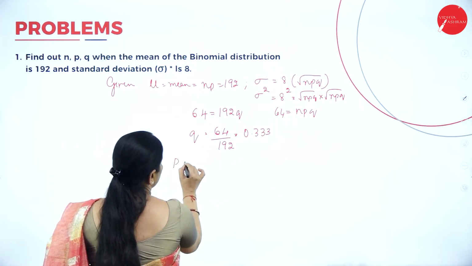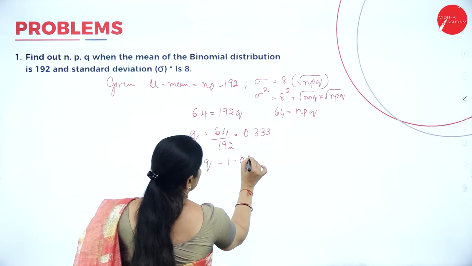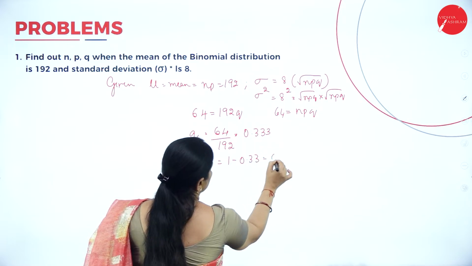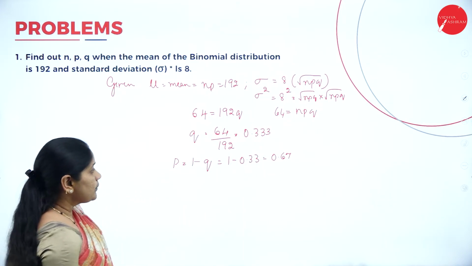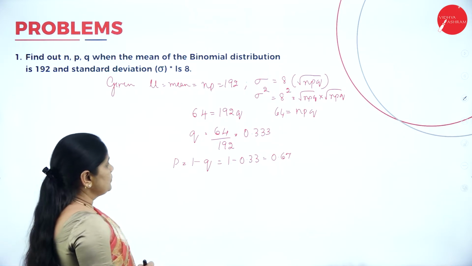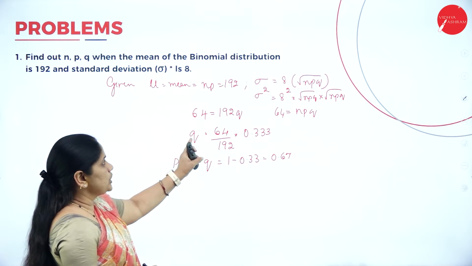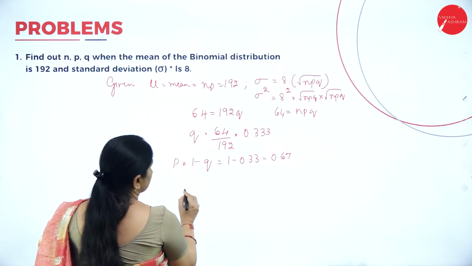Now, p will be equal to 1 minus q, that is 1 minus 0.33, that is 0.67. So p equals 0.67. Now, I found p, I found q, I have to find n.